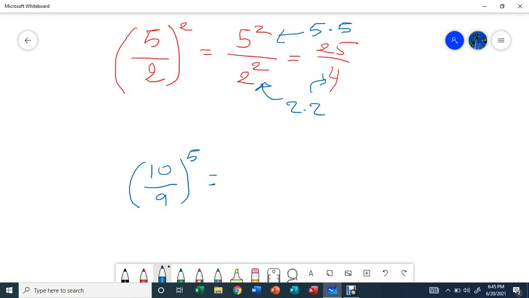So that's 10 to the 5th over 9 to the 5th. If you want to simplify it, you can use your calculator and multiply 10 by itself 5 times, and multiply 9 by itself 5 times, and you simplify it to a fraction.